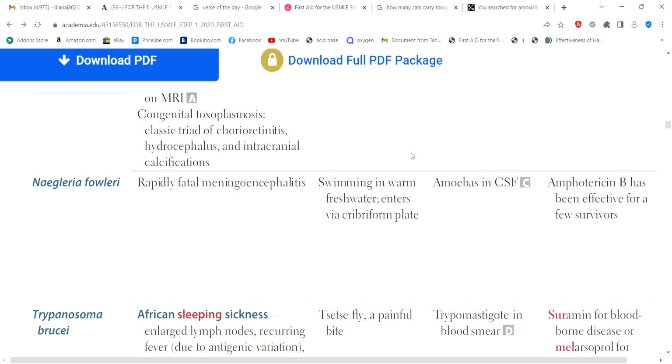Stay home. Don't swim in outside or unknown waters because there's not much you can do once it gets into your cribriform plate. Okay. So let's see. Naegleria fowleri affects patients involved in water sports. Diagnosis by lumbar puncture. You get it from swimming in freshwater lakes.